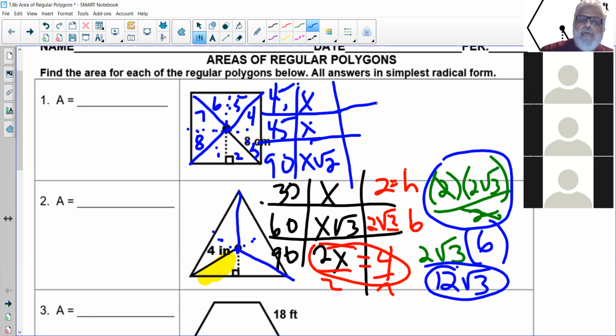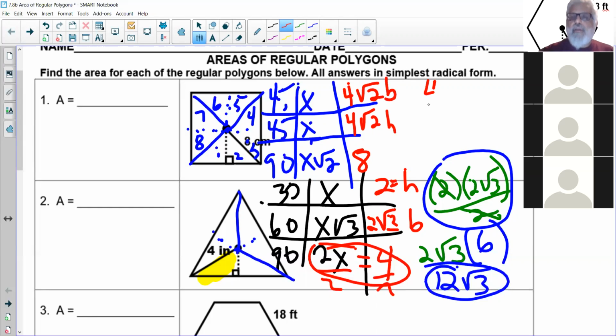Okay, so here we go. Where does the 8 go? The 8 goes on the bottom. Correct. So I got that, which means I divide by 2, which is 4. But don't forget the square root of 2. Now remember, this is my base, this is my height.